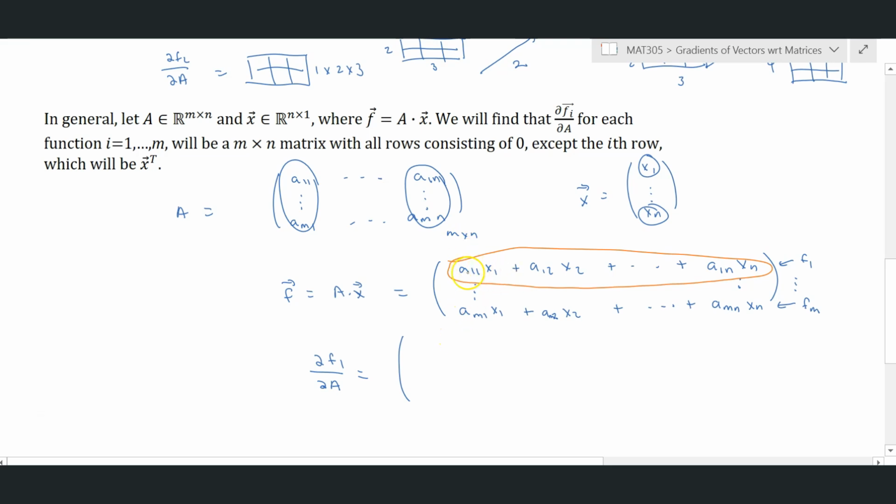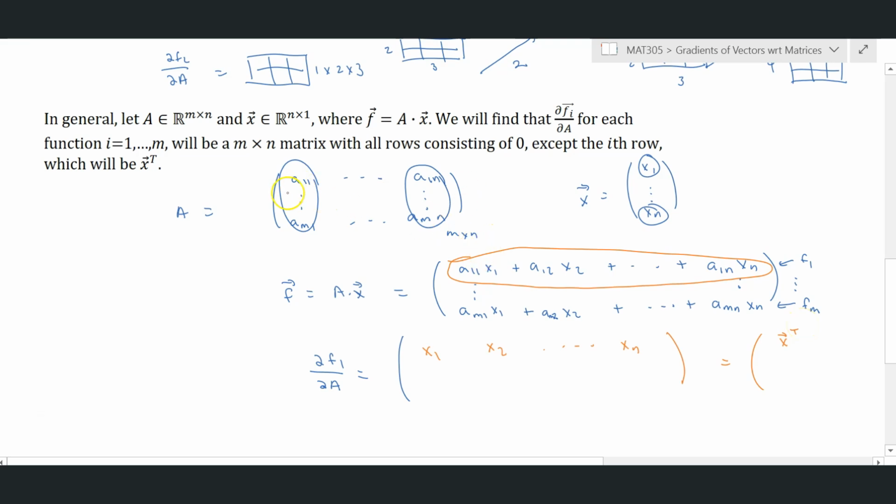So the derivative of this entire expression with respect to a11 will be x1. And the derivative of this entire expression with respect to a12 will just give me x2. And basically the derivative of this first row with respect to all of these elements in the first row of A will just give me back the elements of this vector x, which notice is simply the x vector transposed.